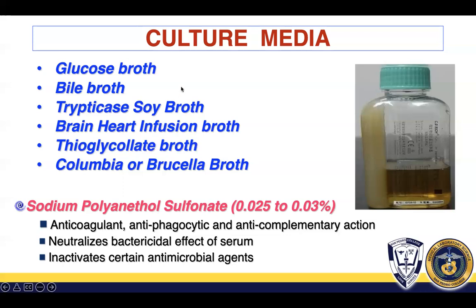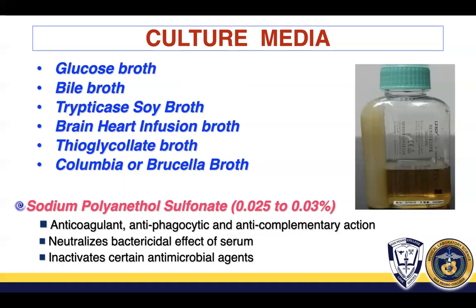However, there's a downside to SPS. It's quite toxic to certain fastidious organisms like Neisseria, Mycoplasma, Peptostreptococcus, and Streptobacillus moniliformis. So if you're trying to isolate these organisms, use 1 to 2% gelatin, or you can use penicillinase. This one, of course, is used to inactivate penicillin.